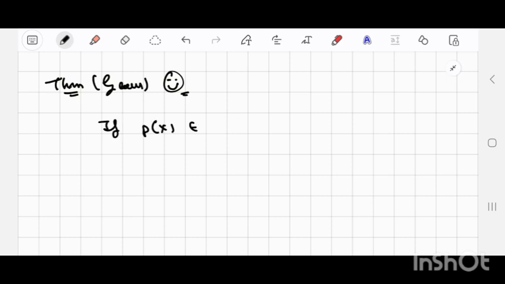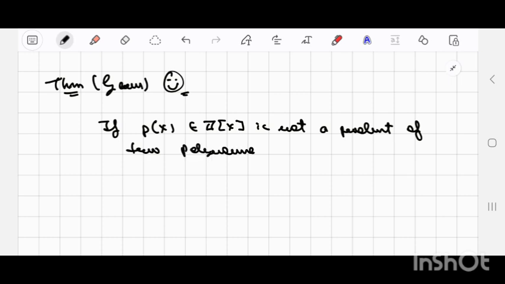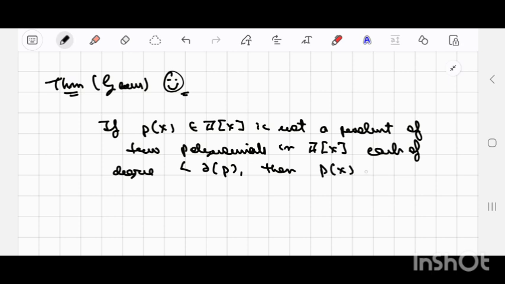So if P(x) is a polynomial in Z[x], which is not a product of two polynomials in Z[x], each of degree less than the degree of P, then P(x) is irreducible in Q[x], right?